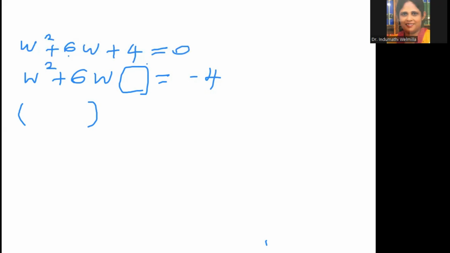We know that one. When we add the same value in both sides, our original function is the same. When we subtract the same value in both sides, the original function is not changed, right? So based on that, we can write our function again, right?